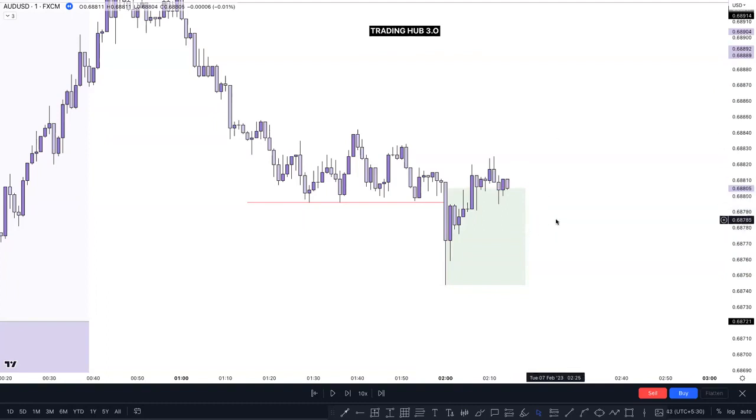Because in that case, if there is no unmitigated order block or shadow or anything, in that case you can take this, right? Simply you have to identify where you can take entry for the buy, right? But I will suggest, first of all, you have to refine an unmitigated order block, unmitigated shadow, anything. This is much better compared to the fib level, right?